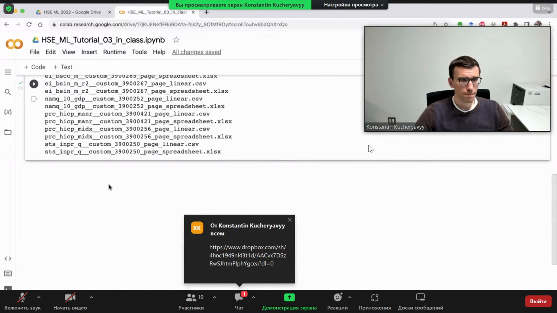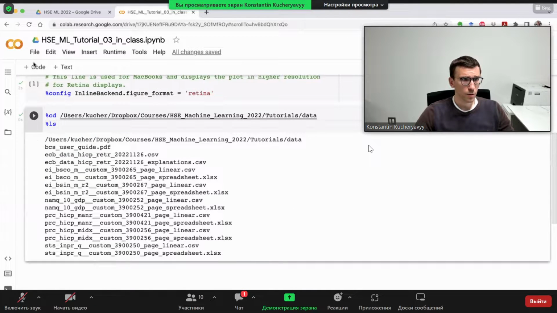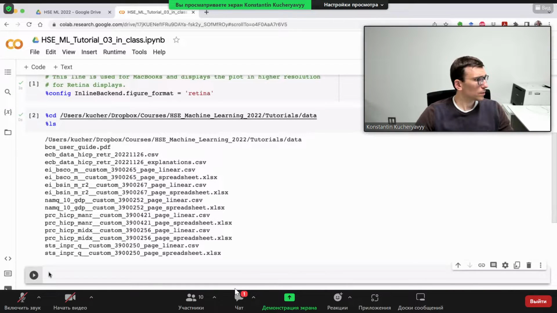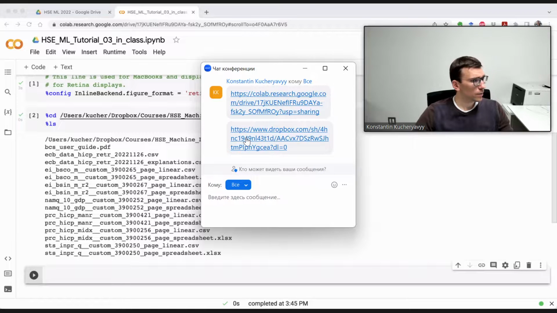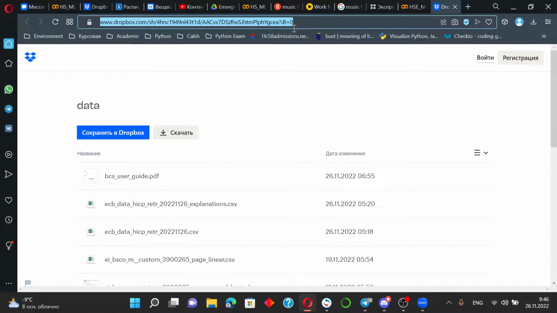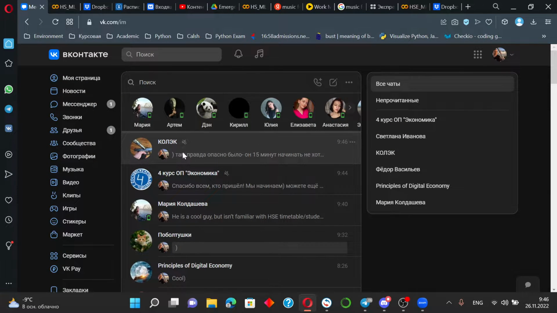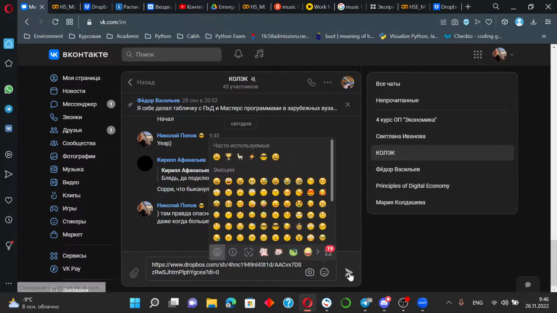So I'm going to load the data, and it will be the same data as last time during the last tutorial, except for the monthly index of consumer prices.